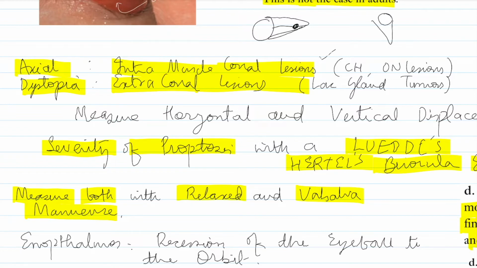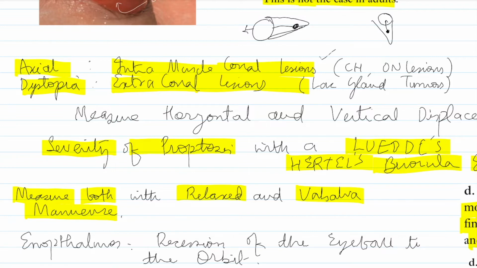You should remember that the eye basically looks like an ice cream cone. So this is the cone, and if there is a lesion within the cone over here, it pushes on the eye from behind and the eye goes forward.